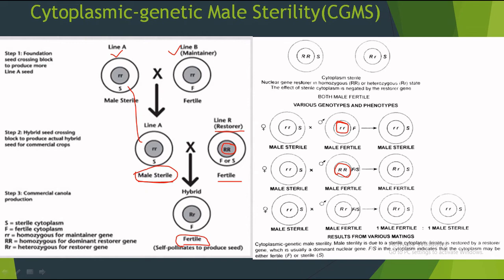Either the cytoplasm can be sterile or fertile, but it will be male fertile due to the presence of this capital R. And here you can also see this is the male sterile line, and again we are crossing it with the nuclear genotype capital R small r, and the cytoplasm can be fertile or sterile, but we will get 50% male fertile plants in which there is capital R small r, and 50% male sterile plants where there is small r.